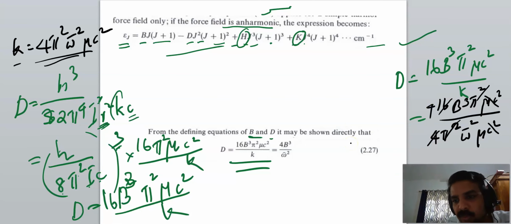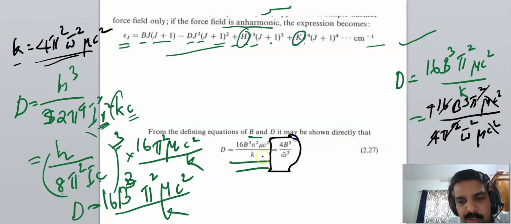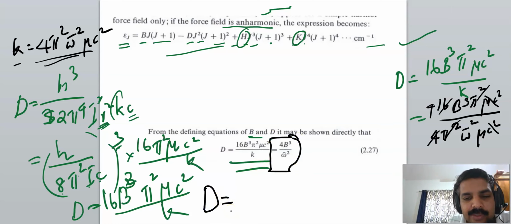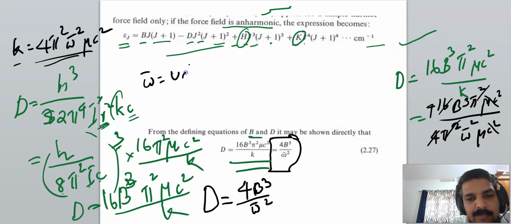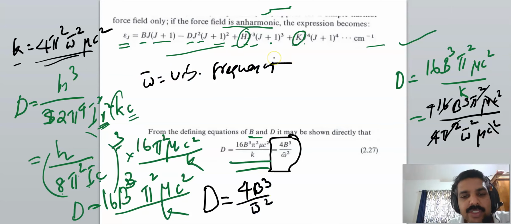So we get 4 B cubed divided by omega bar square. So this is the relation between D and B, that is D is equal to 4 B cubed divided by omega bar square, where omega bar is the vibrational frequency in wave numbers.